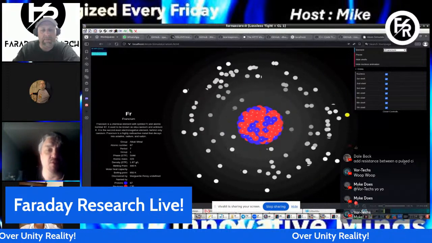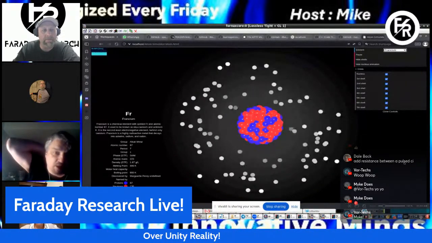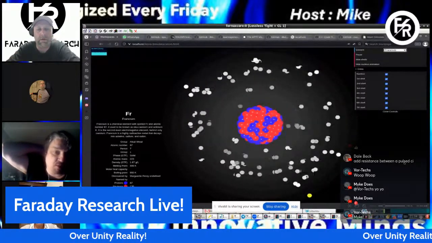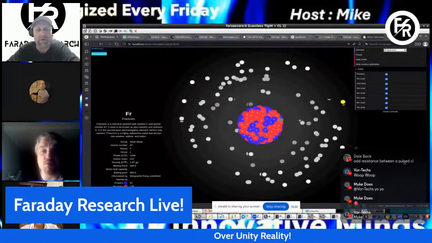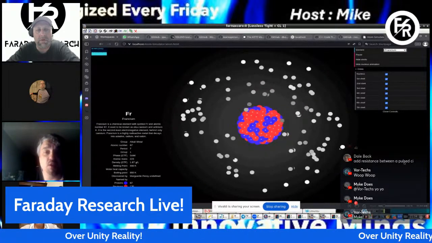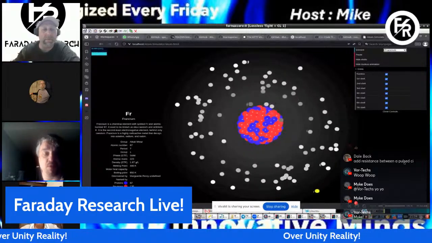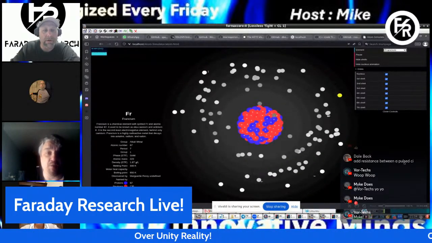But we can see here the electrons are all at the same level. They don't have all their different layers like the mainstream physics is predicting. So either this is a wrong simulation or the mainstream physics are wrong.